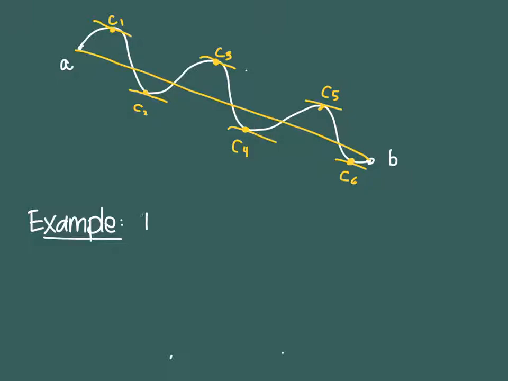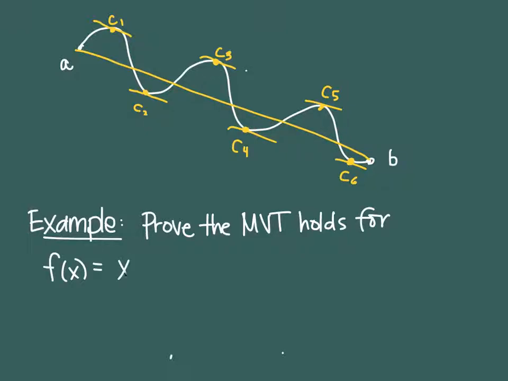Okay, so prove the MVT holds for the following function: x to the 5th minus 5x to the 4th plus 5x to the 3rd plus 20 on the closed interval 1 to 2.